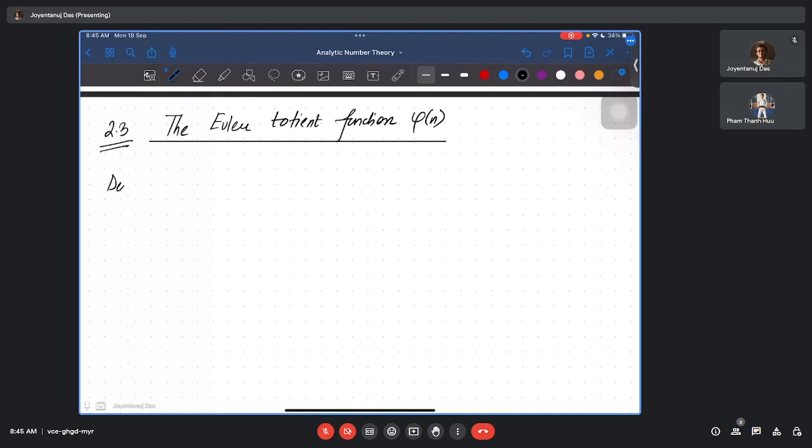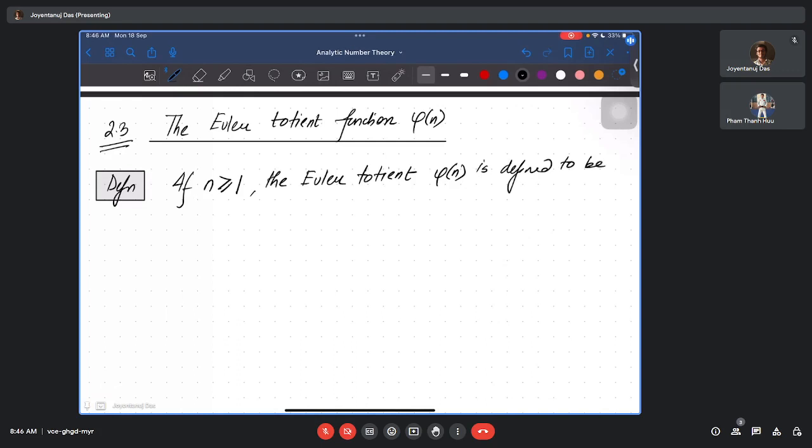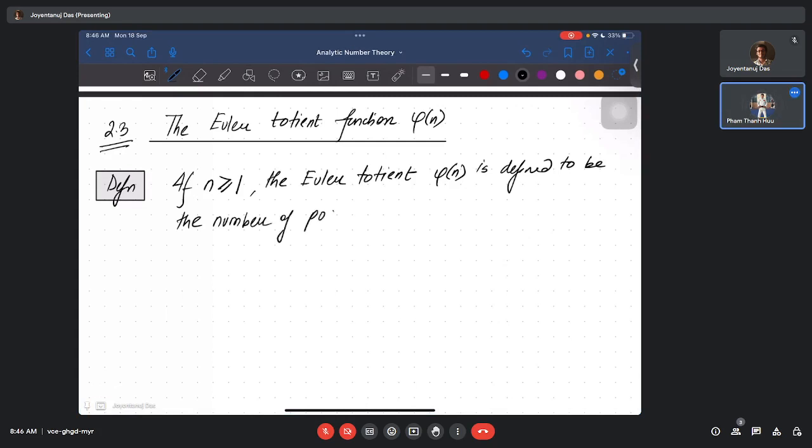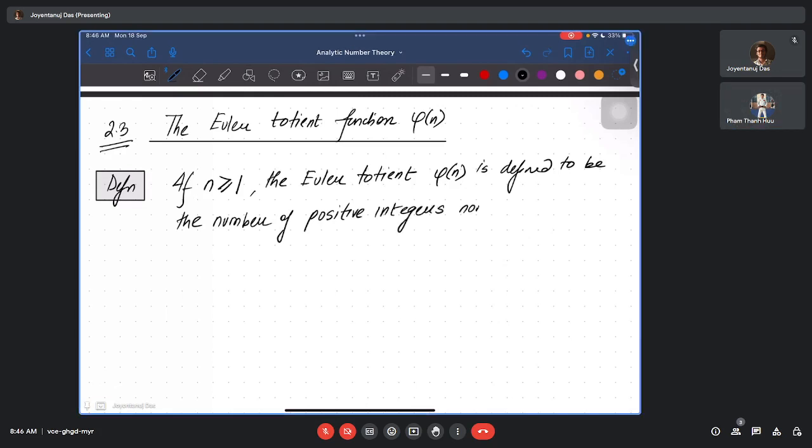The definition: for n greater than or equal to 1, the Euler Totient function phi of n is defined to be the number of positive integers not exceeding n which are relatively prime to n.